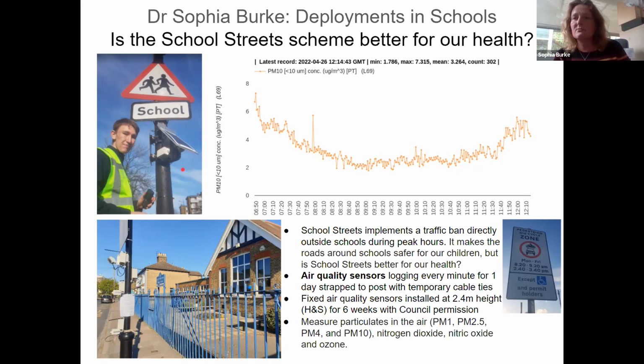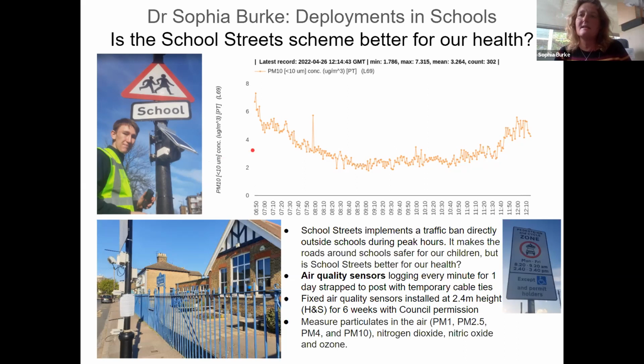We did that with council permission, but note that if you're going to use this with students, it has to be at a certain height so that it's away from thieves and vandals, of course, and therefore working at height has health and safety implications. So there's some things to think about there.